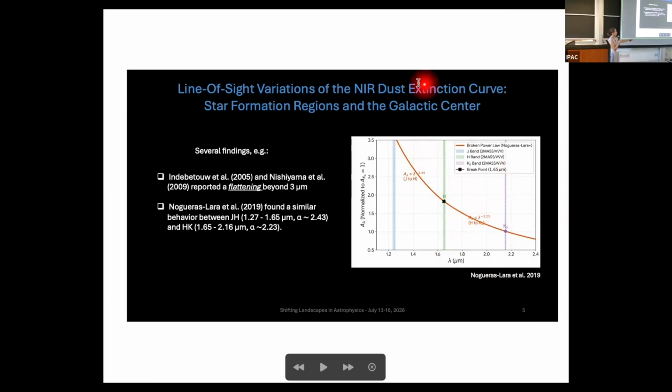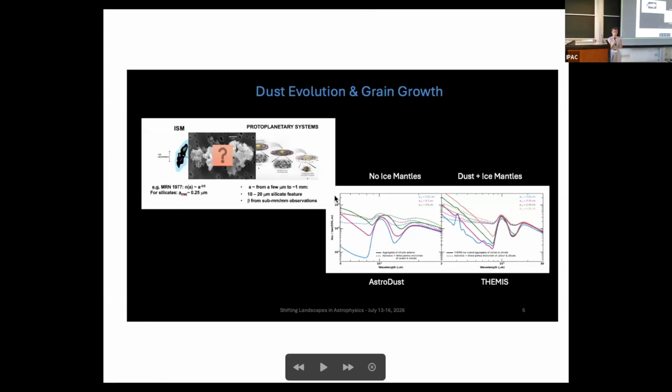This is one of the holy grails that we are after in dust extinction studies these days. We want to understand if the dust extinction curve can be represented with one slope or more than one slope due to this flattening effect.